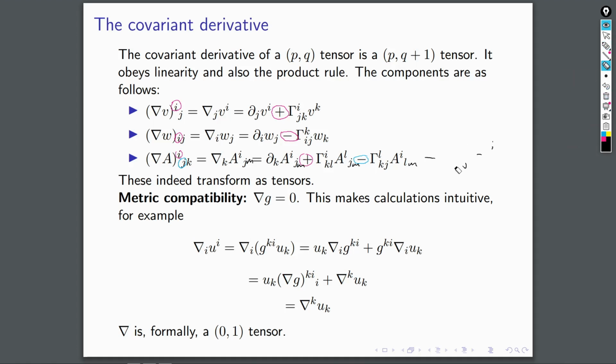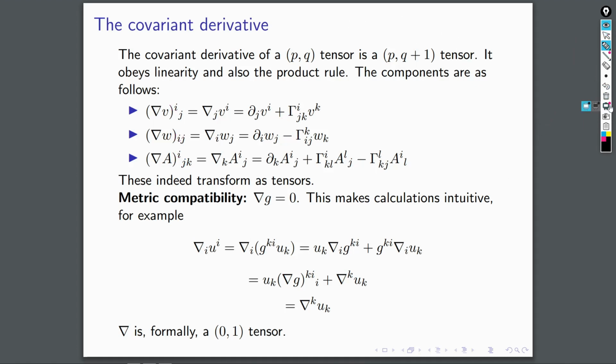The point is, you can keep adding and subtracting as many terms as you want to get the covariant derivative of a tensor of any shape that you want.